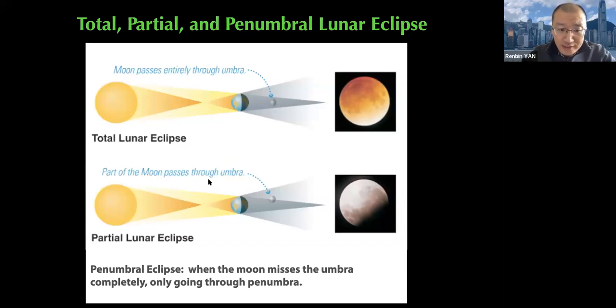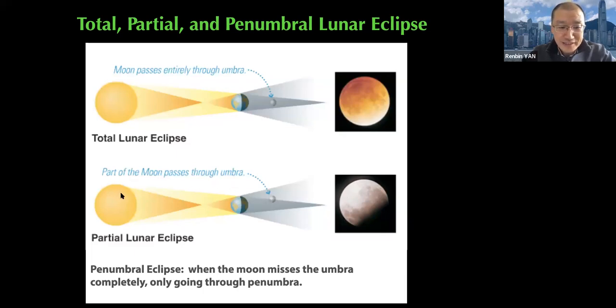But if the moon is passing through only part of the umbra and part of the moon is still in the penumbra part, then the part that is in the penumbra can still receive some sunlight. And it can receive, say, some more percentage of sunlight. That is the part that is still bright because the sunlight is very strong.